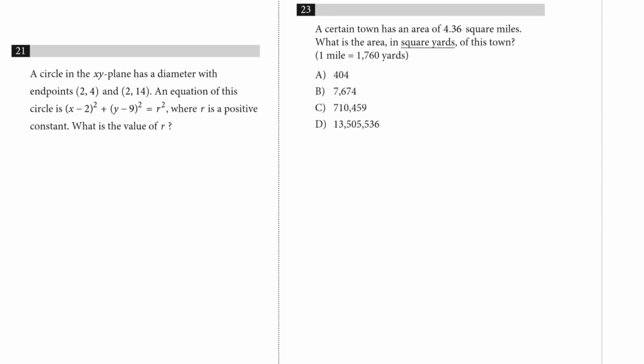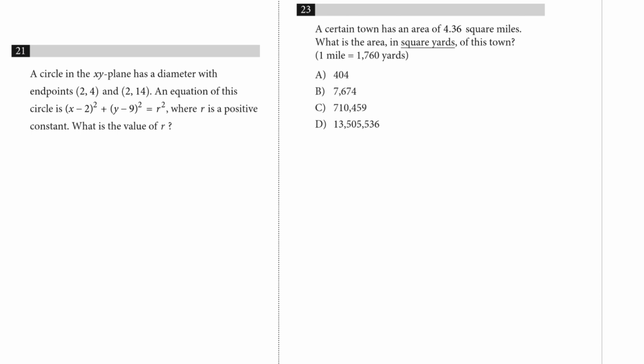21. A circle in the xy plane has a diameter with endpoints (2, 4) and (2, 14). An equation of this circle is x minus 2 squared plus y minus 9 squared equals r squared, where r is a positive constant. What is the value of r?